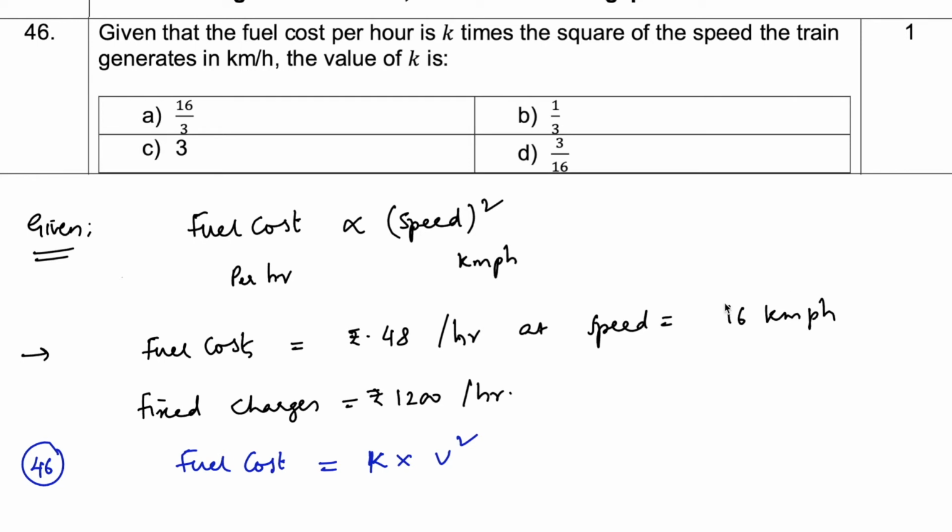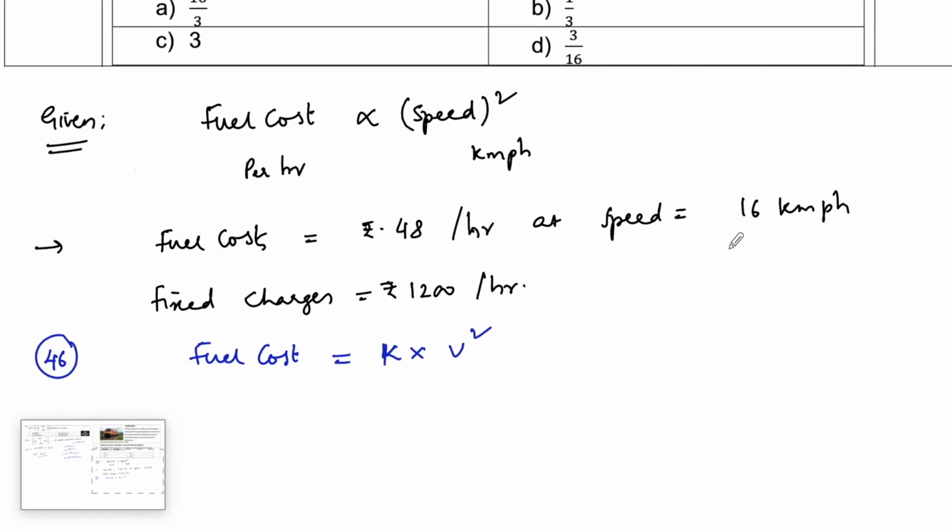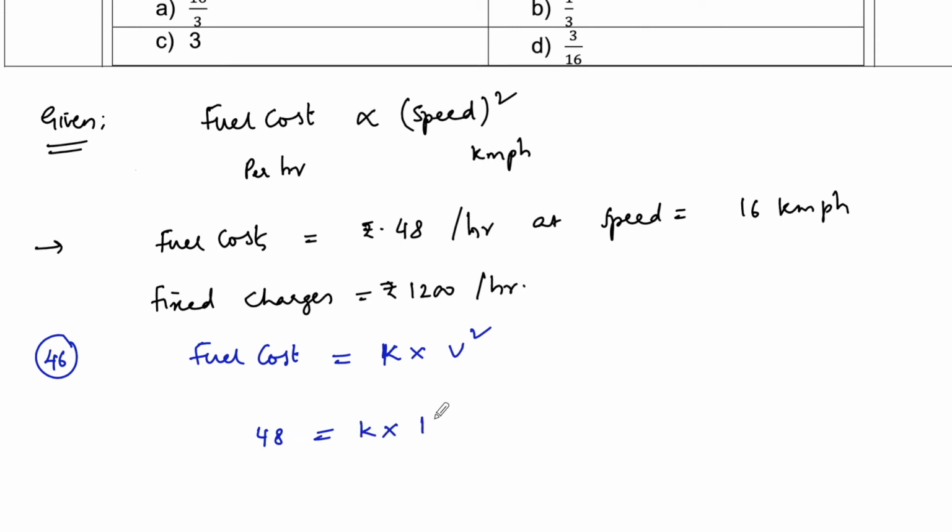And since we know that fuel cost per hour is 48 rupees per hour, which is equal to k into speed is 16 kilometers per hour, so 16 square, so which implies k is equal to 48 upon 16 square, or we can write 48 upon 16 into 16, 16 3 times. So we have k is equal to 3 upon 16.